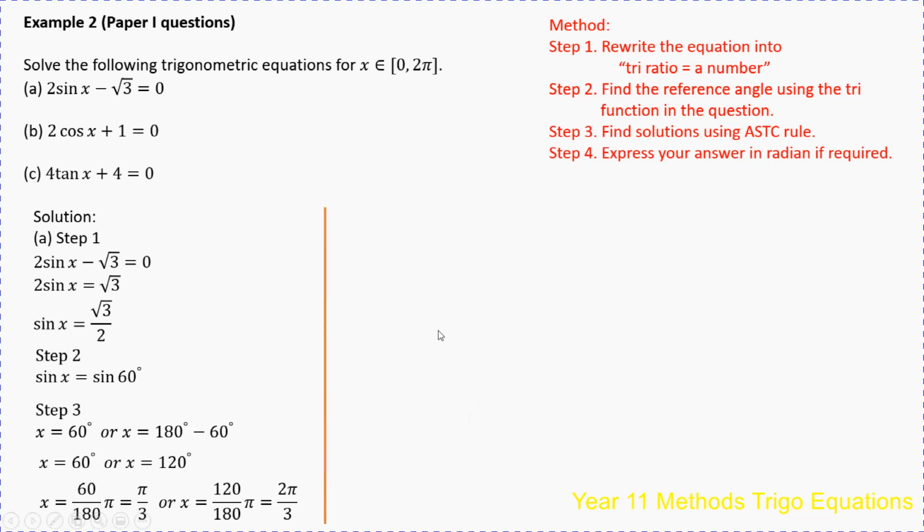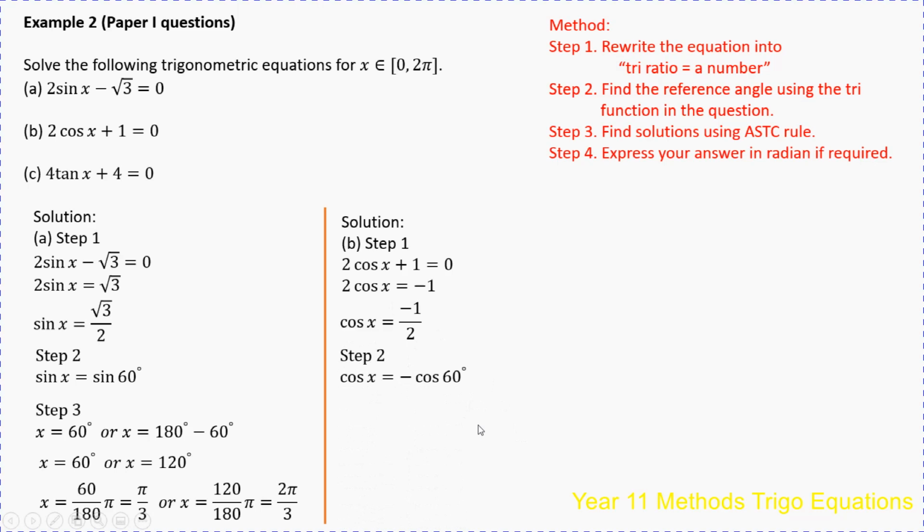The second one, step 1: 2 cos x plus 1 equals 0, 2 cos x equals minus 1, obvious. Step 2: cos x equals minus cos 60 degrees, and of course you need that triangle again.